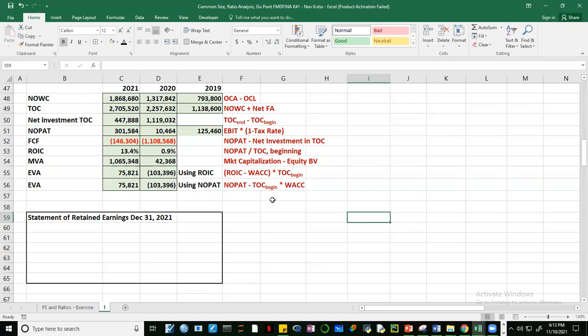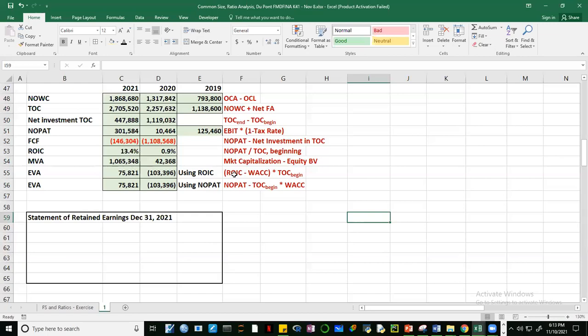Now take note that both of these formulas make use of WACC and TOC beginning. The usage is just different, but it's still the same, because if we distribute the TOC here, it should be ROIC times TOC, and this is also WACC times TOC, the same as TOC times WACC here.